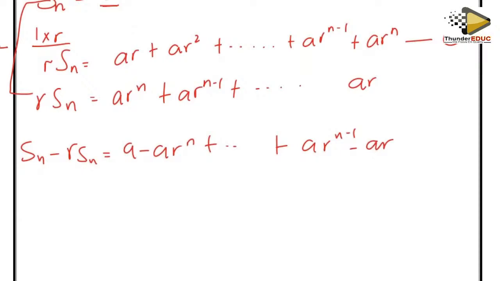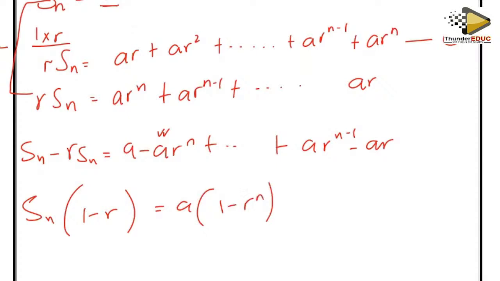When I factorize out what is common on the left, I have just Sn into 1 minus R is equal to, I'm just going to consider this first part, which is A into 1 minus R^n, because it's going to be the same scenario throughout. Then I can divide both sides by 1 minus R. So A into 1 minus R^n over 1 minus R.